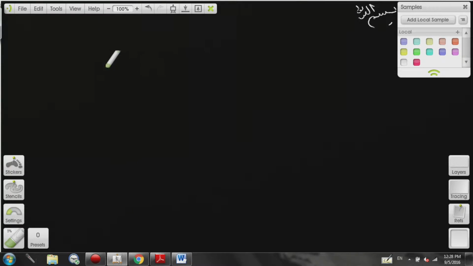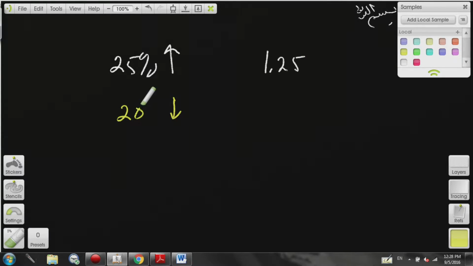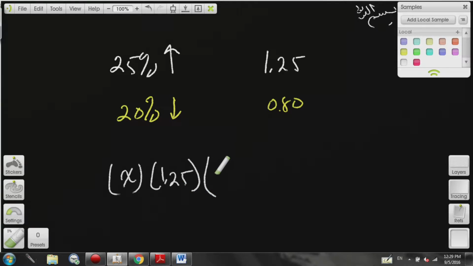Understand? So if something was marked up, increased by 25%, that means the final price was 1.25. And then if something was marked down by 20%, that means what you had to pay was 0.80 of the price. So whatever the original value was, it was increased, so it became 1.25, and then it was decreased, and 80% of that will be left, 0.80.